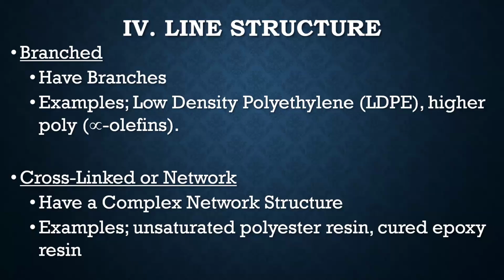Polymers can also be classified according to the mode of formation, how the polymerization reaction takes place to form these types of polymers. We have two types, addition or condensation. Addition is called chain growth polymers or chain growth polymerization, and condensation is step growth polymerization.